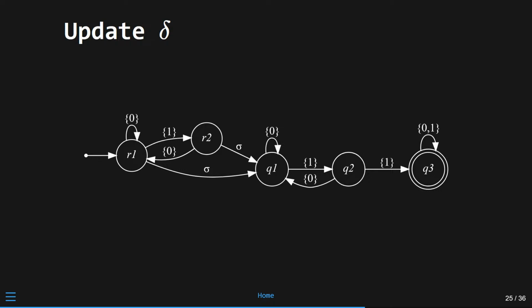We require no reading of the input string at all to go from R1 or R2 to Q1. We allow this to happen at any time. And non-deterministically, we just always happen to go to the second machine at the correct time. And this is it. That's everything. You just have to add those two little zeros in there.